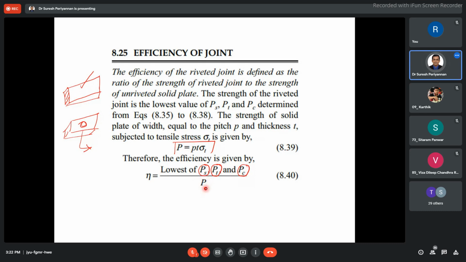After introducing the rivet hole, we find PS, PT, PC. The ratio between the lowest of PS, PT or PC divided by P is our efficiency of the joint.